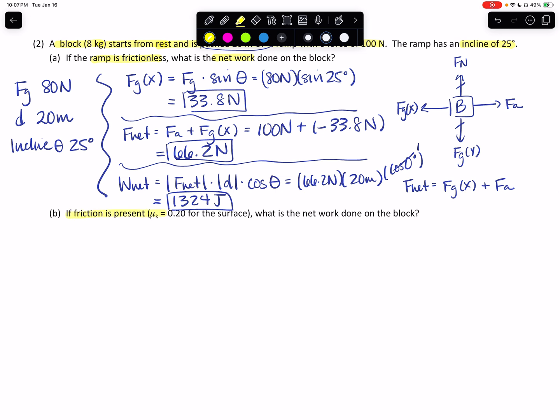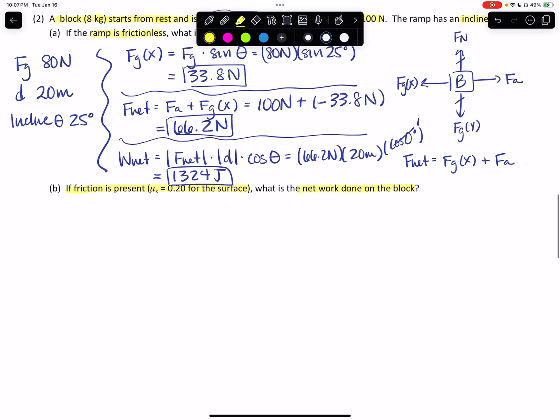All right, last part. If friction is present, and we get a kinetic mu value, what is the net work being done on the block? We know what the work is in the absence of friction, now we need to put friction in. So that force due to friction is equal to our kinetic coefficient times our normal force. Remember that normal force is equal to that y component of gravity.